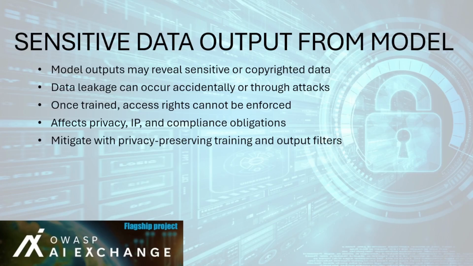Prevention tips include using privacy-preserving training by anonymizing or minimizing data, applying output filtering and monitoring for sensitive terms, and regularly testing models for leakage using red team methods. Once data is learnt by a model, it can't easily be controlled. Prevent exposure by managing training data carefully and monitoring outputs continuously.